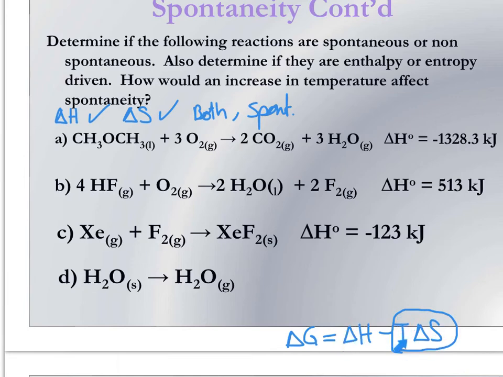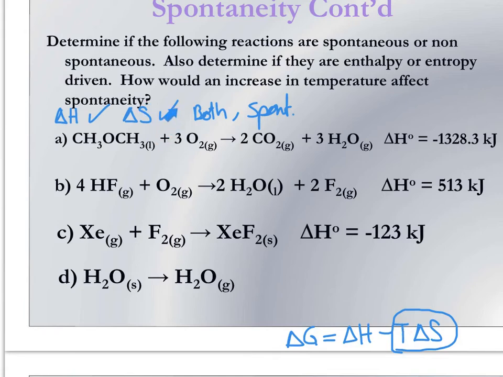If I increase the temperature, I'm basically supporting delta S. I'm saying, oh, I'm going to make the effect of delta S even stronger. And so when you increase the temperature, you look to delta S to see, is it favored or not?